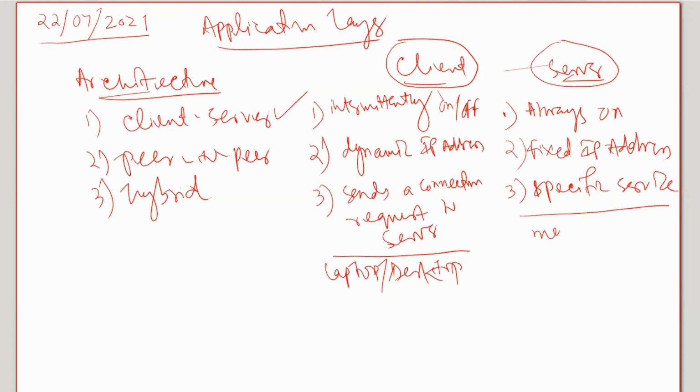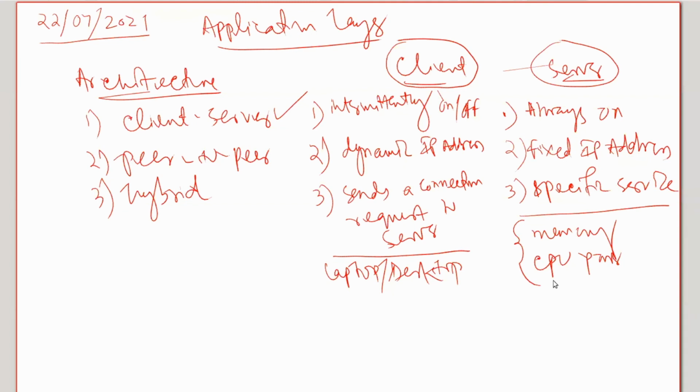It must have a lot of memory and a lot of processing power, CPU power, so that it can process a number of requests simultaneously. So the server machine must be a powerful machine. It cannot be a very simple machine like a laptop or desktop.